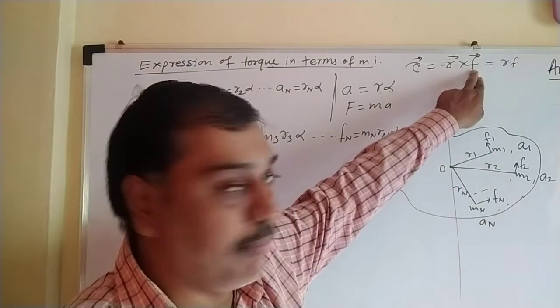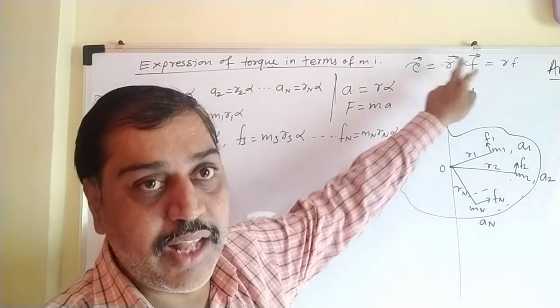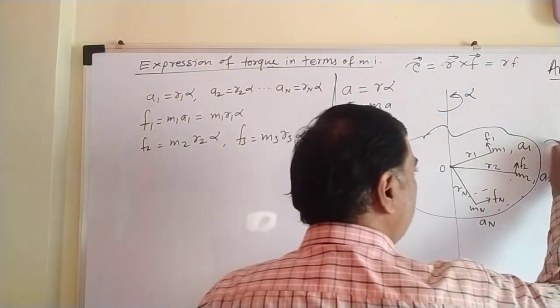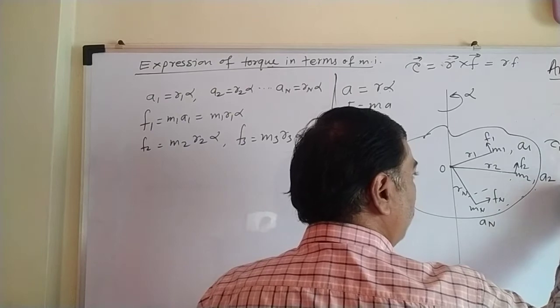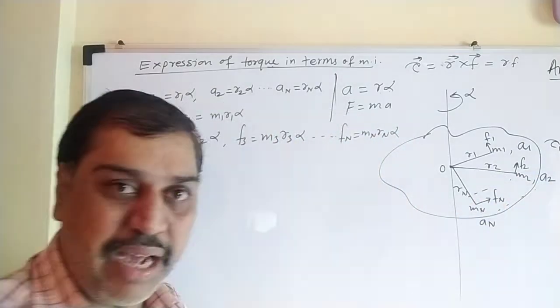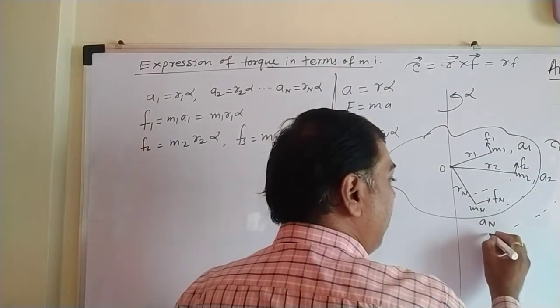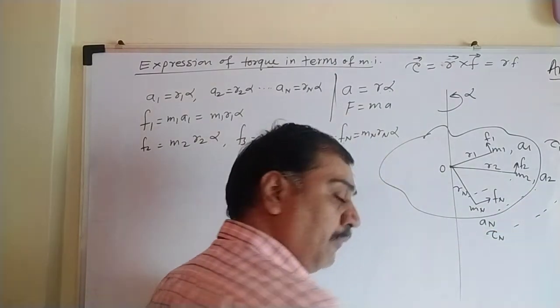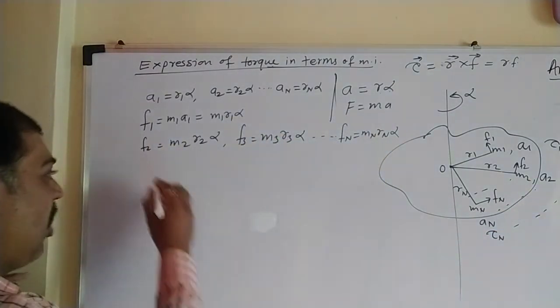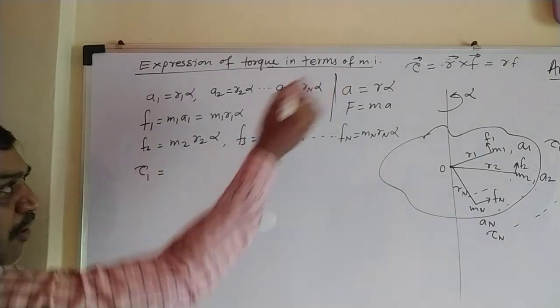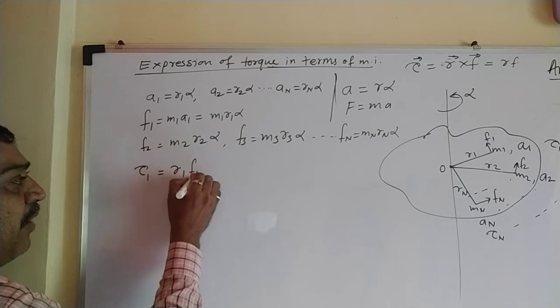So we have found out the forces. Now we want to find out torque. Let us consider the torque acting on the first mass is tau1, the second mass is tau2, and so on up to the nth mass tau n. Tau1 equal to R1 F1.